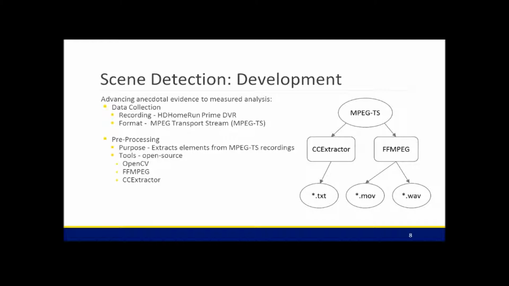FFmpeg is an assembly of multimedia tools, which we used to convert the transport stream into a QuickTime format, .mov, which could be processed with OpenCV. We also used FFmpeg to extract the raw audio track that could be processed for the audio algorithm.